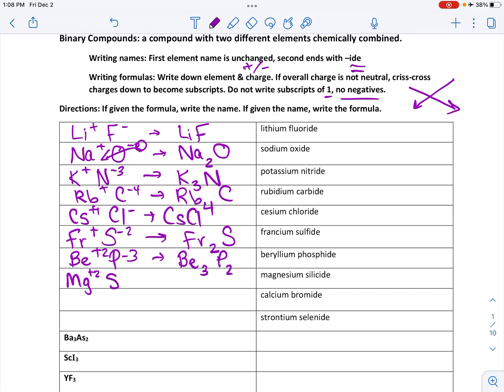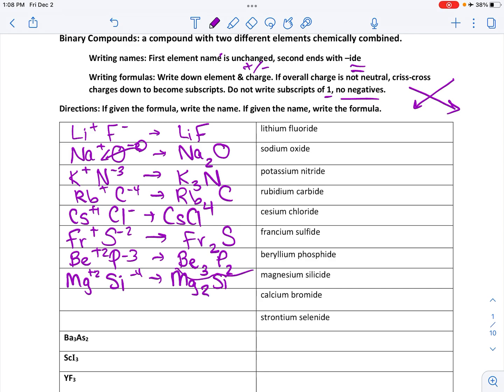Silicide, silicon -4. Okay, so when you crisscross this, you're going to get Mg4Si2. And that's going to look a little odd, because see how we can simplify this down, a 2 and a 4. So we can make that Mg2Si. And so let's be clear on that.